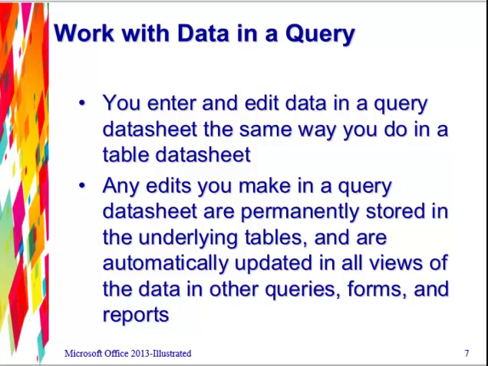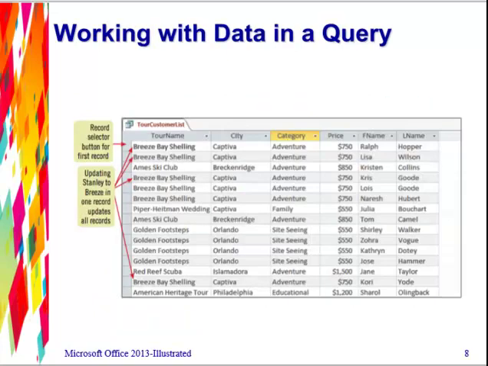So like I said, you enter and edit data in the query data sheet the same way you do in the table data sheet, and any edits you make in that query data sheet are going to go back and update the original table. So if there's an error you find that needs to be fixed for a name or an address or any other content, if you fix it in the query data sheet, you're going to fix it all over. So here's data from a query.